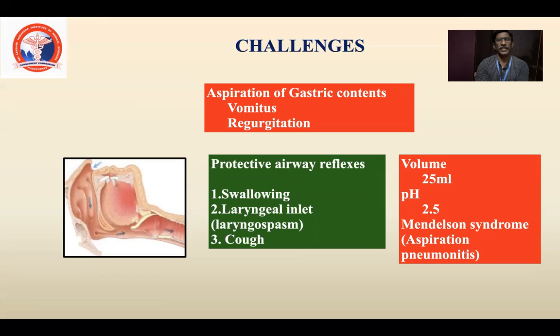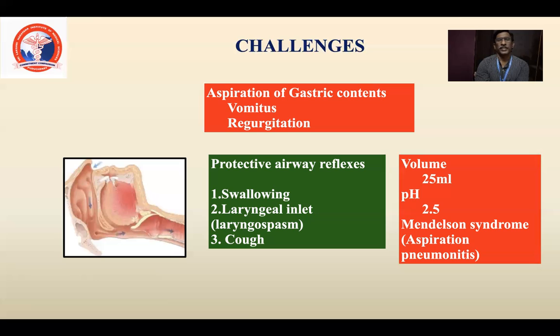Then the laryngeal inlet will go for laryngospasm, thereby obstructing the contents from entering into the trachea. If the contents pass beyond that, then the subject will have cough. So swallowing, laryngospasm and cough, these protective airway reflexes are functioning in a normal subject.